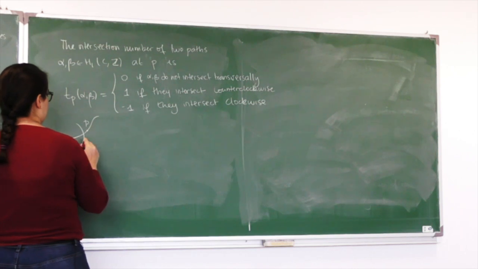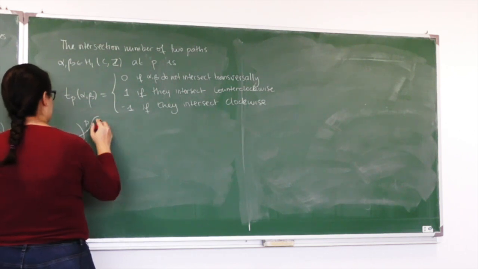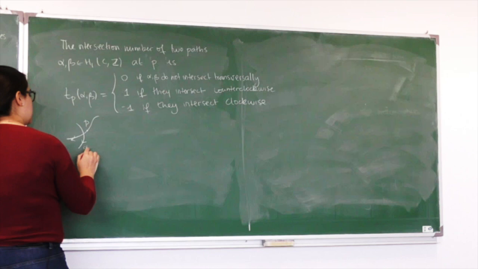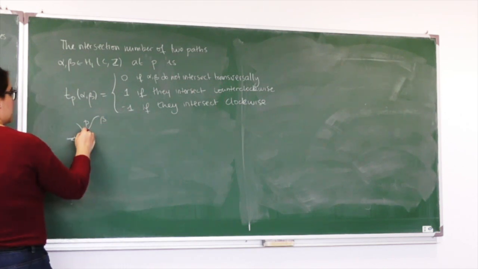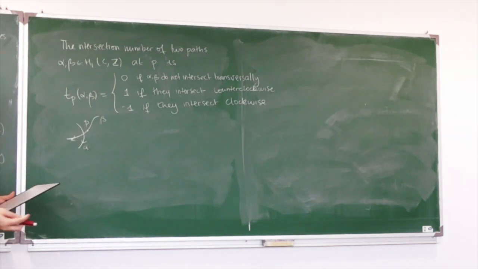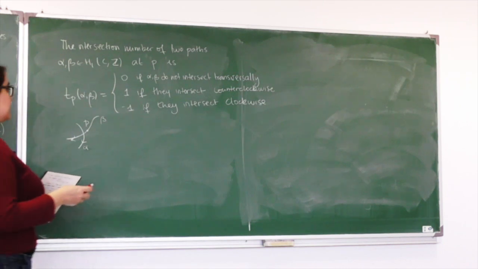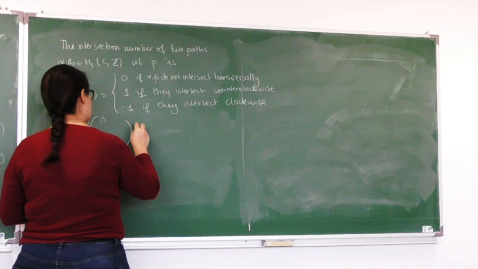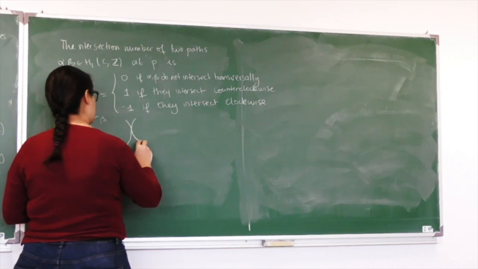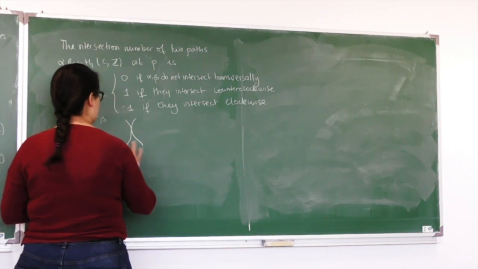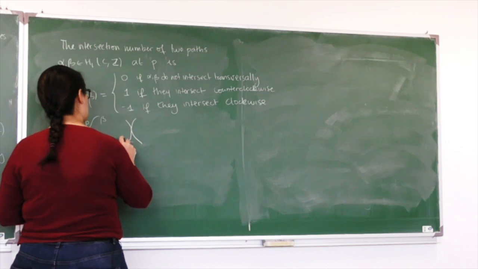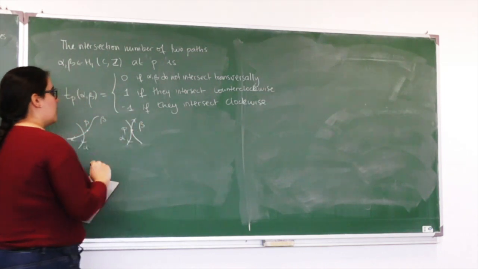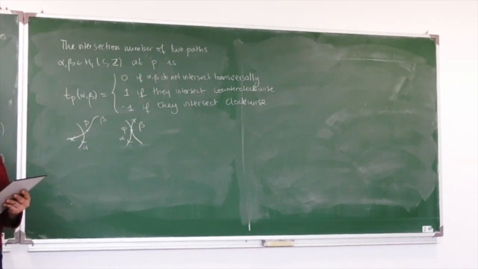For example, this is alpha. If this is alpha and this is beta, at point P, the paths don't intersect, or the paths intersect tangentially.